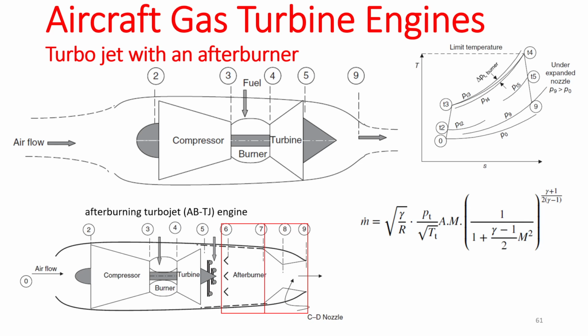So the m dot has to stay constant whether the afterburner is on or off, because at the throat you want to get the choking condition. So what is the main parameter?